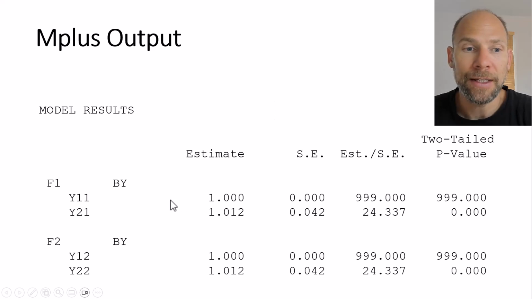So you can see that here the first loading on each factor, so here for y11 and also for y12, which is fixed exactly to 1, has a standard error of 0, and in Mplus gets these 999 scores for the test statistic, the estimate divided by its standard error, which is a z statistic for a test of significance, and then also the p-value is also 999, which means NA basically.